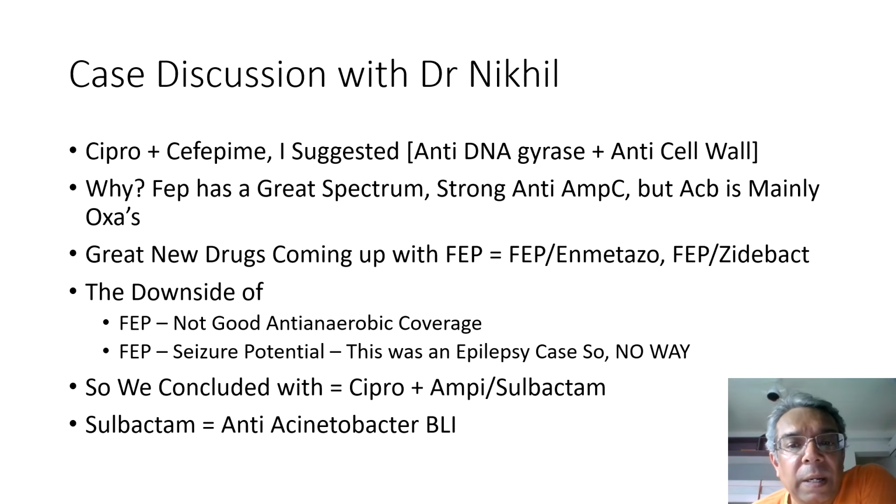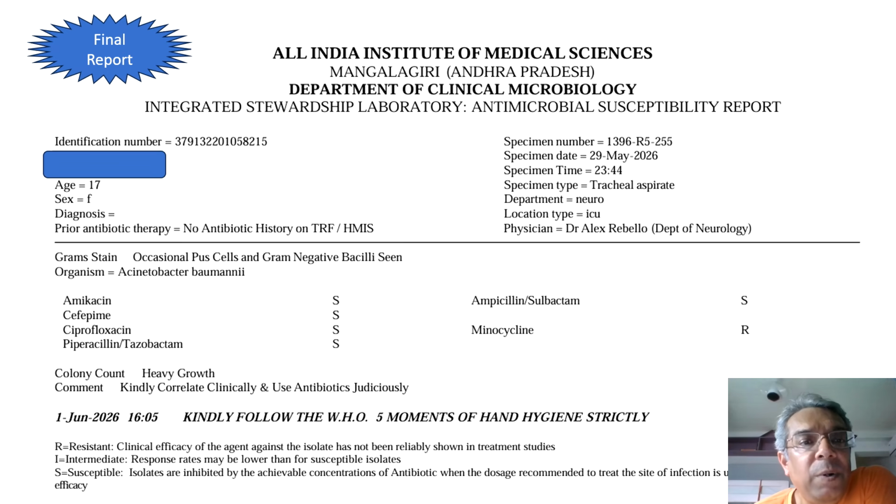So we said, okay, let us forget Piptazo and Cefepime. Let us go with Cipro and Ampicillin-sulbactam, because sulbactam is a strong anti-Acinetobacter BLI, and I just kept it reserved. Ampicillin, I didn't want to give as a first choice in my first report, so that's why I thought, let's try Cefepime. So ultimately, this is the final report that I changed, and Cipro was susceptible and Ampicillin was also susceptible in the same report.